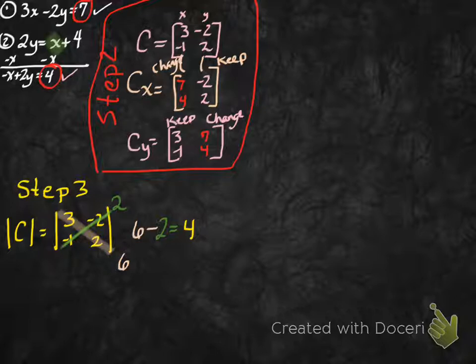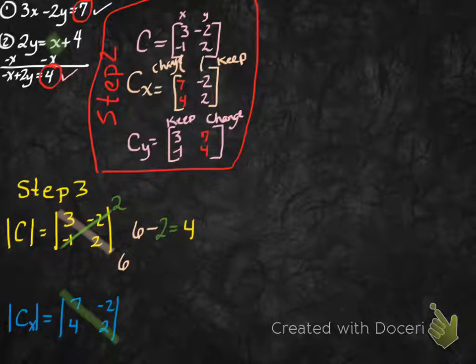We're going to repeat this process for each of our matrices, the coefficient matrix with the x replaced and the coefficient matrix with the y replaced. So let's do the coefficient with the x. That's going to give us the 7, the 4, the -2, and the 2. So when I do my downs, that gives me the 14.